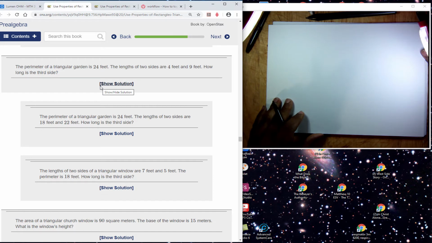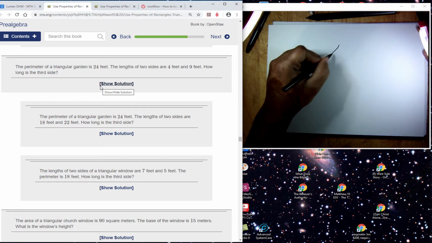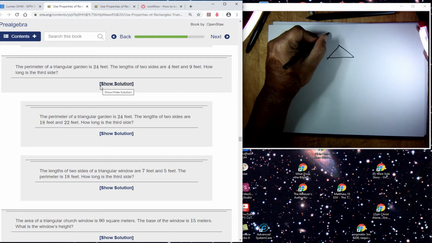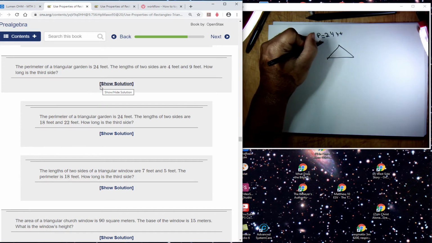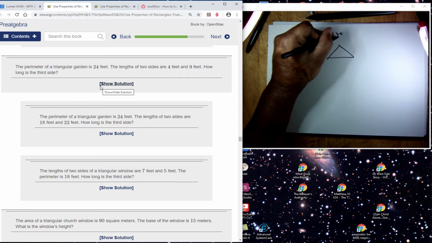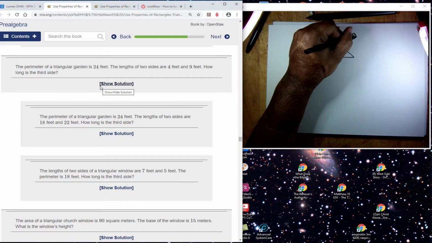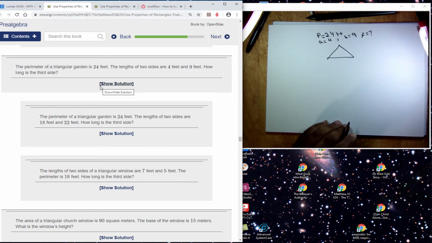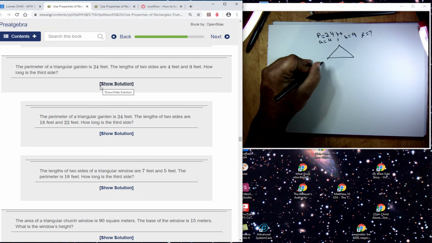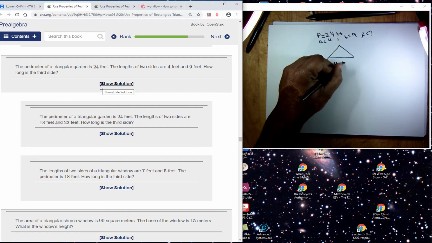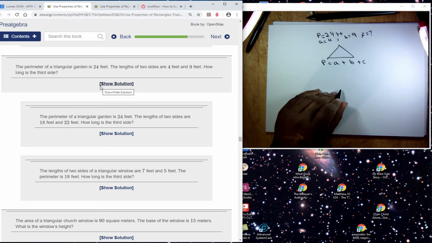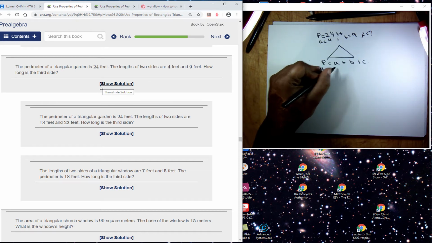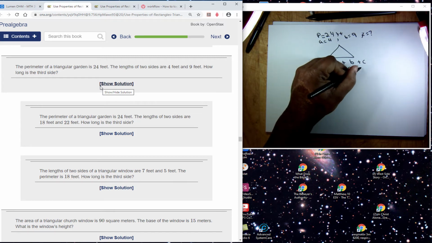So they have a triangular garden where the perimeter is 24 feet. The lengths of two sides are 4 feet and 9 feet, and the third side is unknown. Find the length of the third side. We know the formula for the perimeter of a triangle is A plus B plus C. You plug in what we know: 24 equals A is 4, B is 9, and C is unknown.